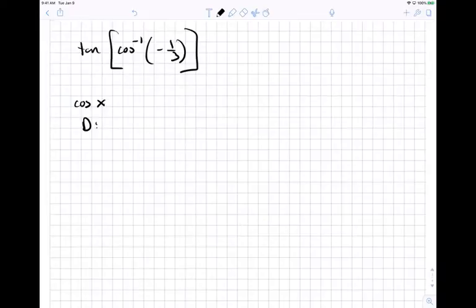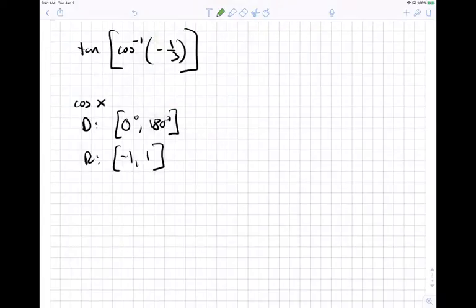Okay, so that was 0 to 180. And the range for cosine was, okay. So then inverse cosine of y, this is our range, this is our domain.